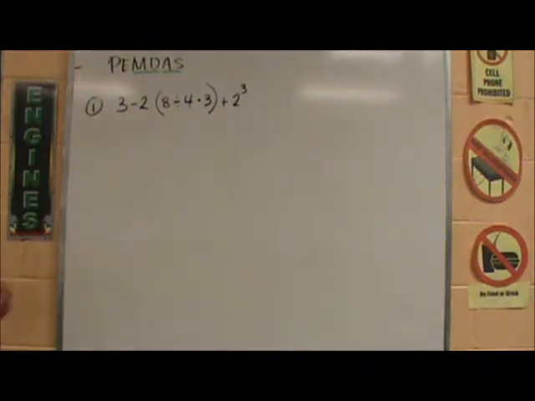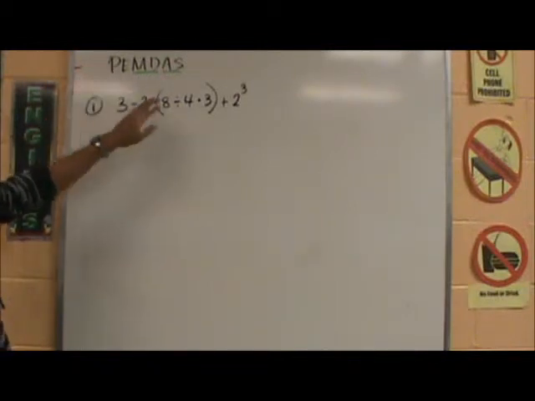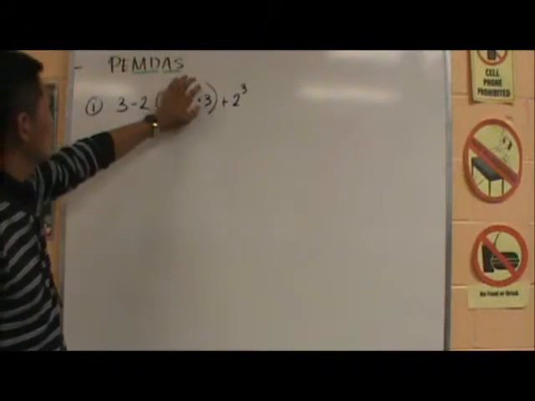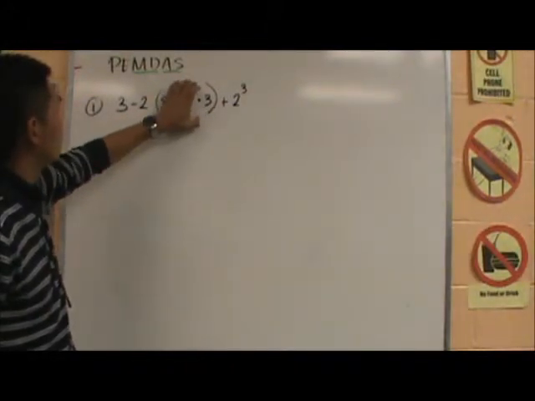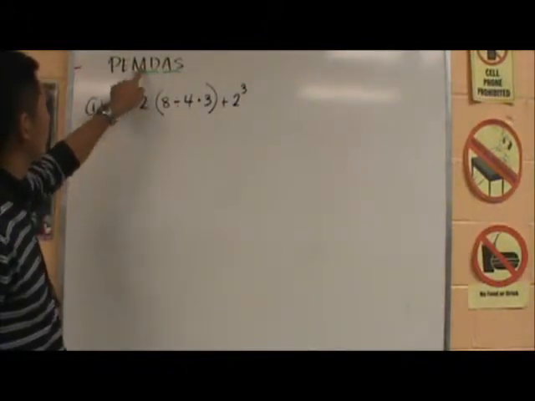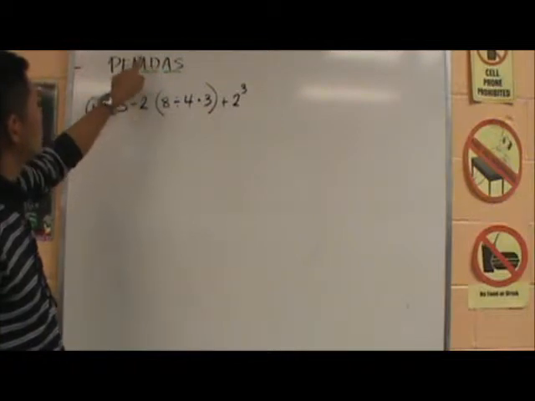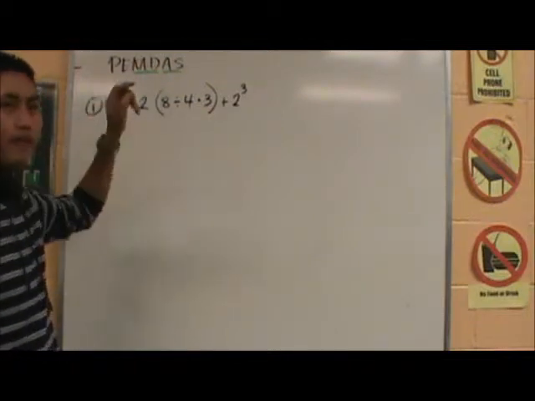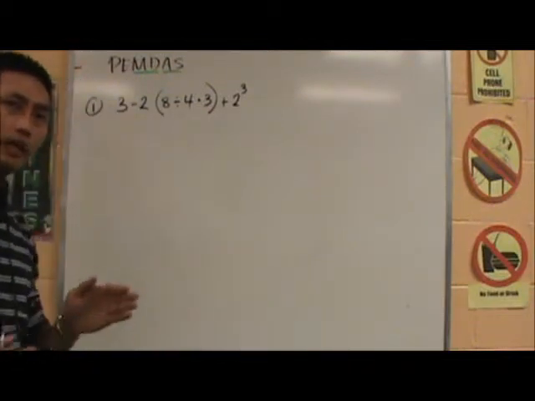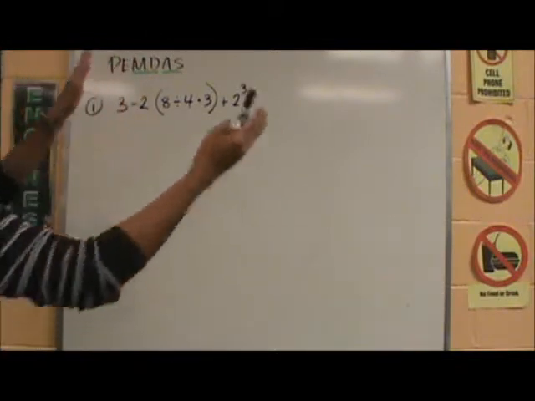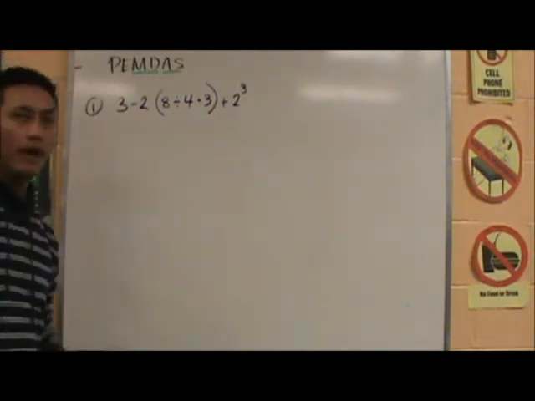So let's try that one. Well, first we have to do the numbers in parentheses. So here, we have to solve them first. Now, are we going to multiply first or divide first before you multiply? Again, the rule is if multiplication comes first from the left, then you multiply first.